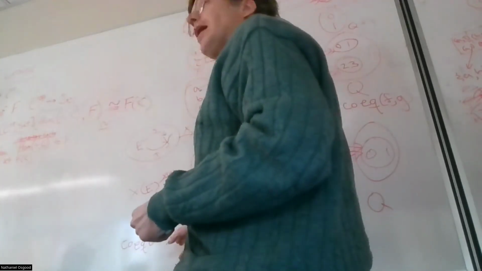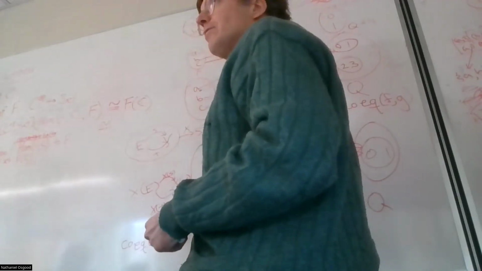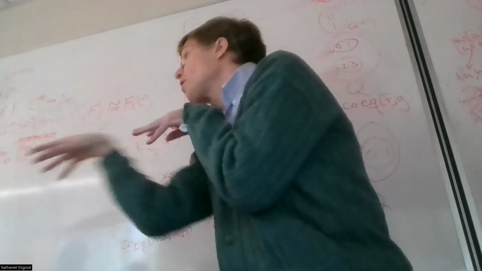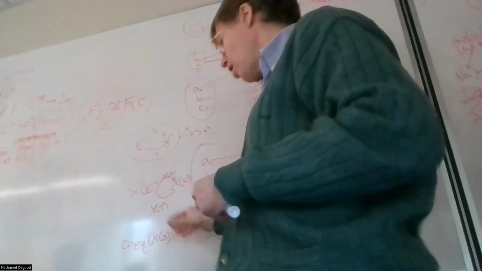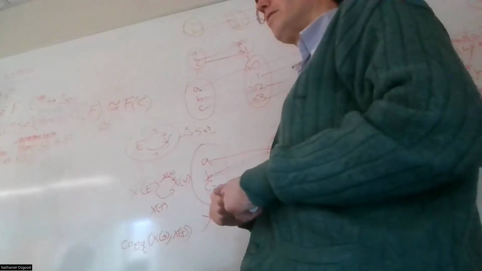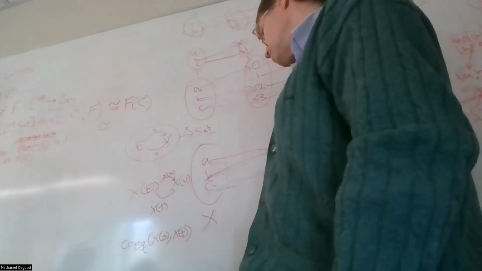So what this picks out is the connected components of the graph. All the things that are connected by one or more edges to each other are grouped into a single component.